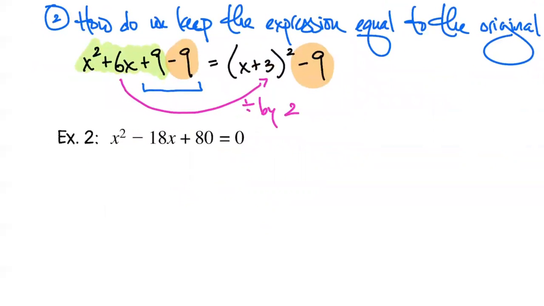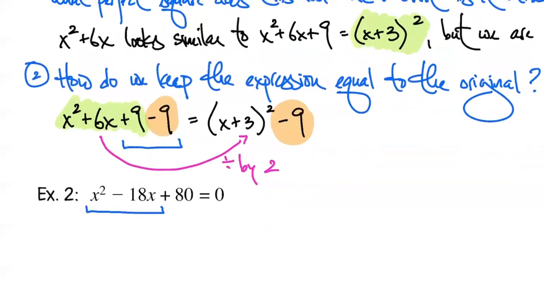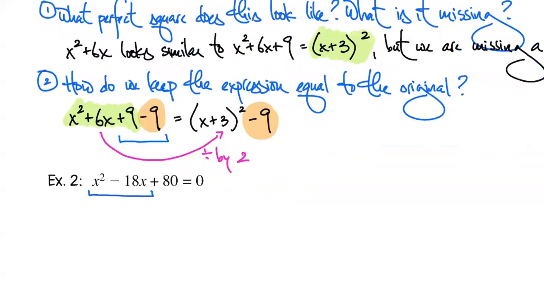So x squared minus 18x. What perfect square does that look similar to? Good.